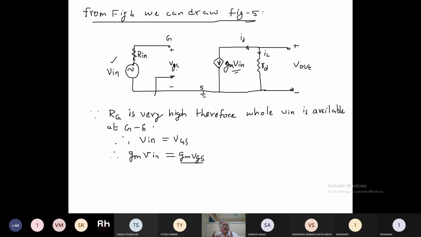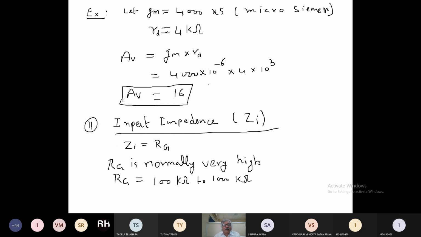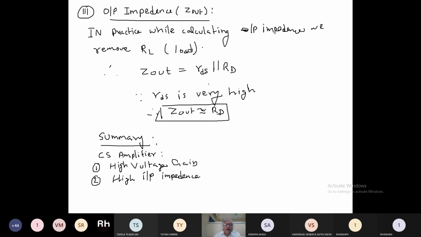So your voltage gain will be affected. So that's why the input impedance of any amplifier must be high, and this we are having here. Input impedance is high. Okay, and third we can say that it has phase reversal.